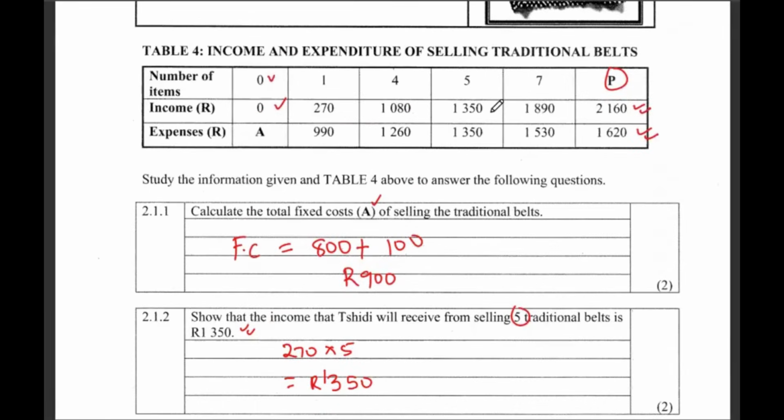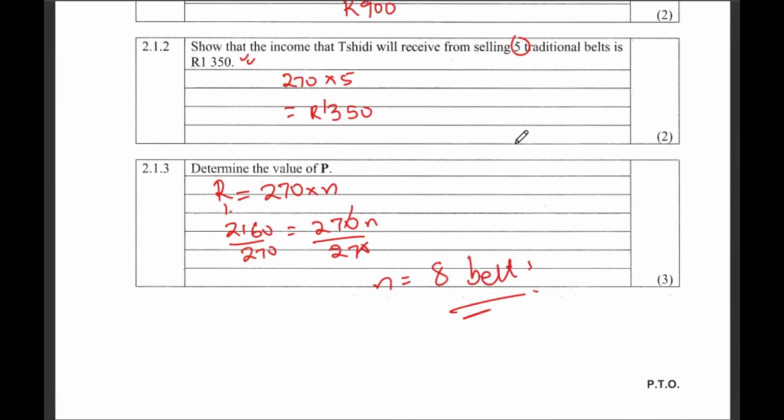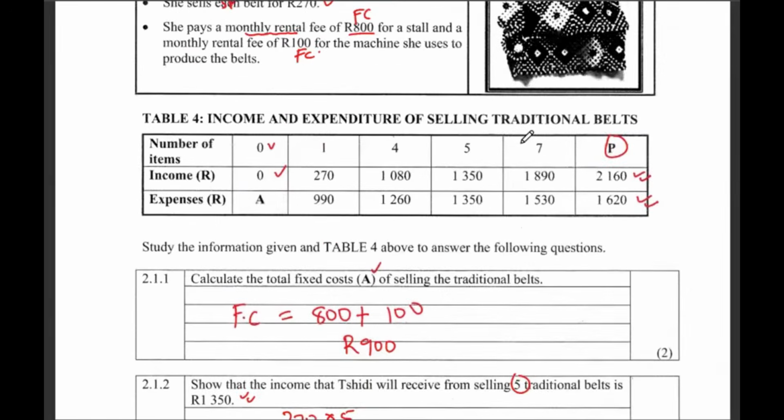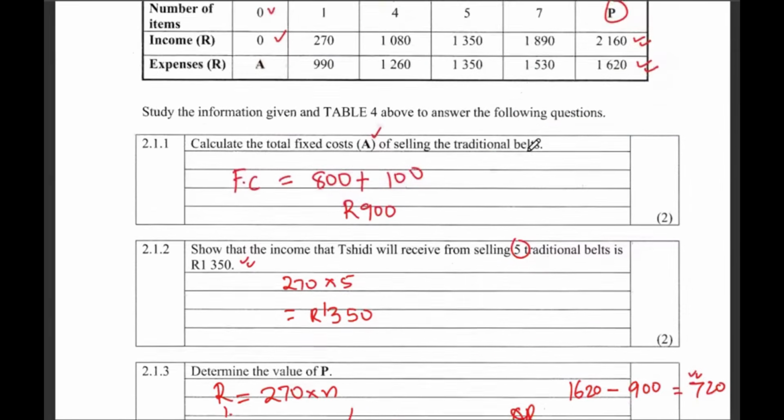Now, if you are to use the 1620, with the 1620, you have to first of all subtract the fixed costs, which are 900, meaning that we have 1620 minus 900, which gives me 720. Now this 720 will give me the total of 1620.